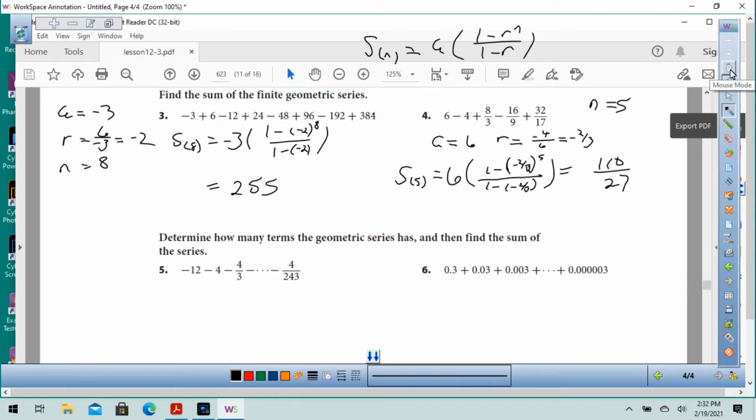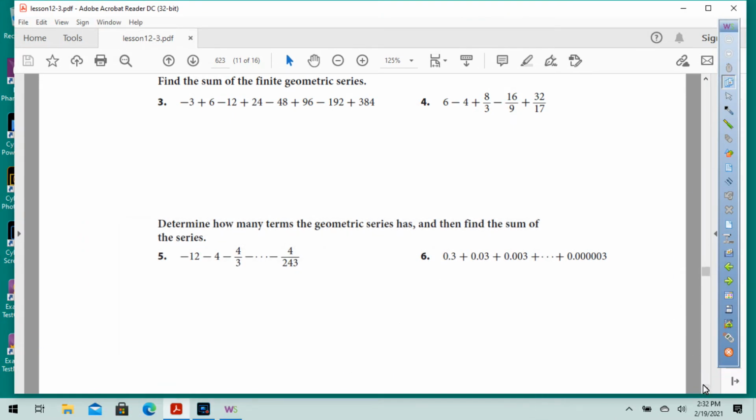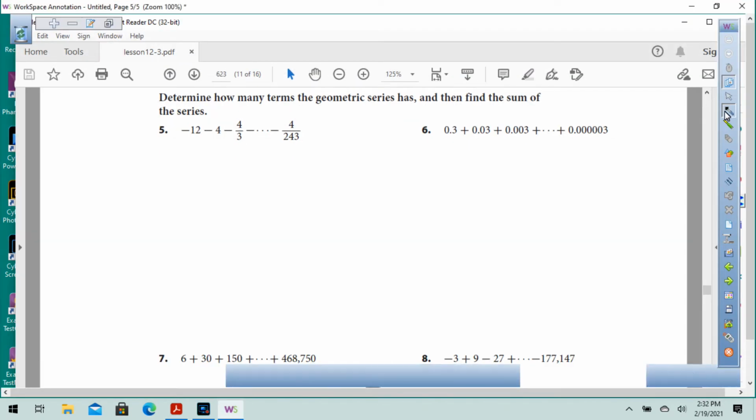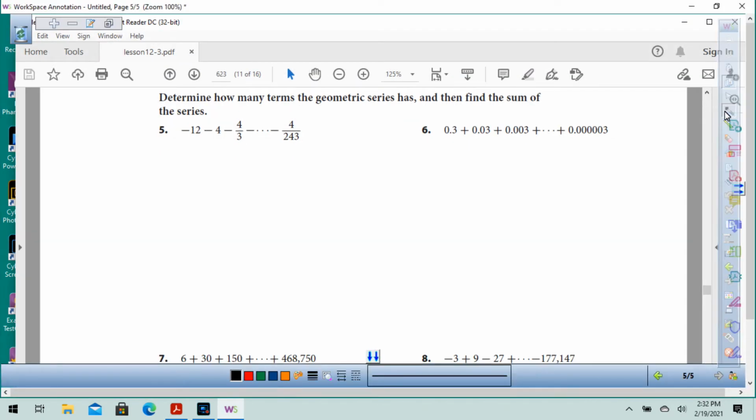Doing well. Now let's get a little bit more difficult. Number 5. Determine how many terms the geometric series has, and then find the sum of the series. So this is 2 parts. First, we need to figure out how many terms are in there. Now there's a couple ways we could go about it.